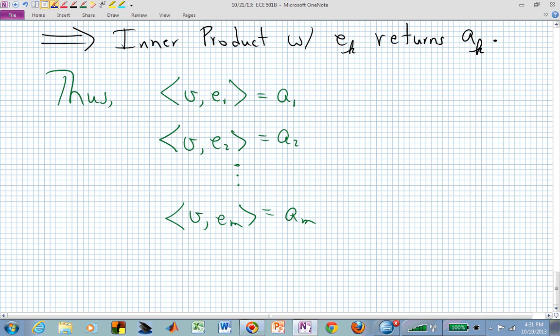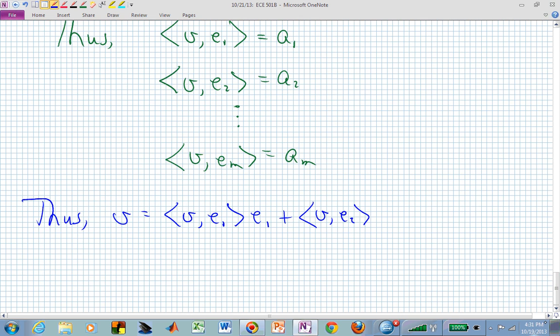That says then that v is now a1, but we've learned that a1 is simply the inner product of v with e1, which scales e1. A sub 2 is simply the inner product of v with the orthonormal vector e sub 2, etc., all the way down to v inner product with e sub m, scaling e sub m.